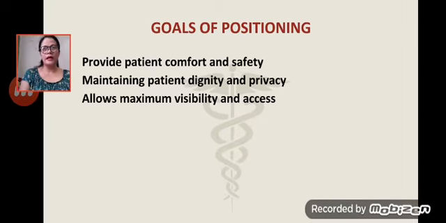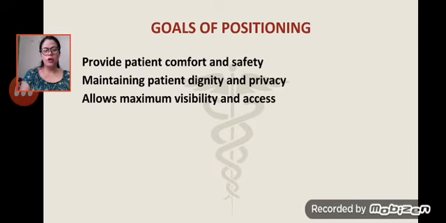So, in doing any kind of procedure to the patient, in some procedures, even though we do not want to expose a certain part of the patient, sometimes while doing the procedure, there is really something exposed. So what are we going to do as nurses? In doing any kind of procedure to the patient, make sure that you cover the patient, or use the curtain or the divider, or use an extra linen to cover your patient, and allow maximum visibility and of course access.